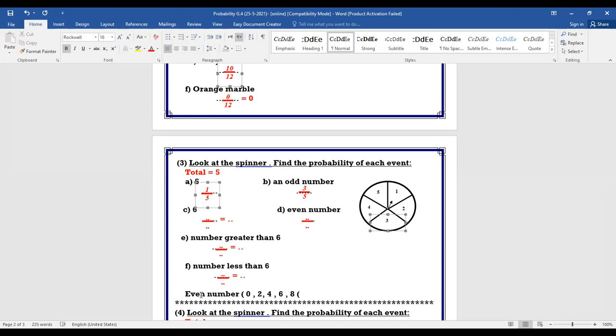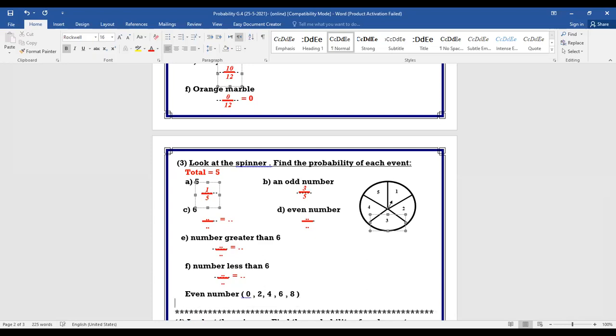Its ones digit is one of these. Wait please, after I finish you can ask. The even number again: it's the number whose ones digit is one of these: 0, 2, 4, 6, 8.